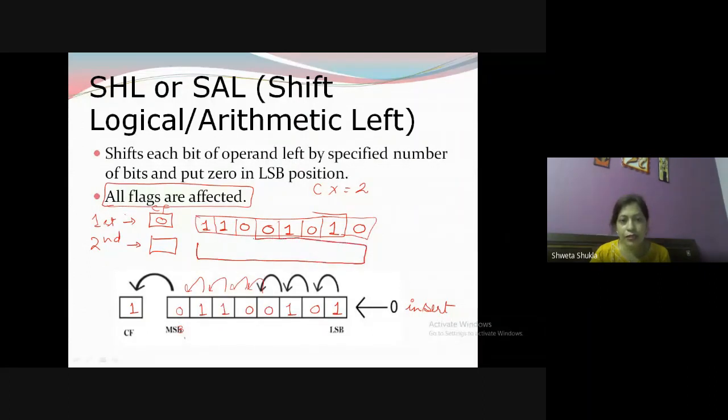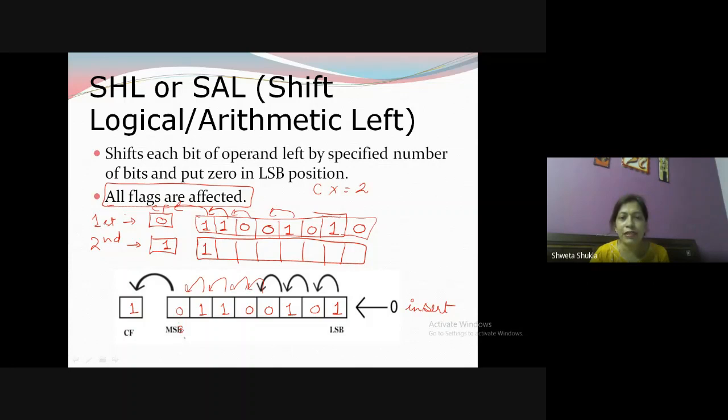Again, you are just doing it for the second time. So let's see. All the bits will be shifted towards the left side. Now if you shift this carry flag here, that means now the CF is 1 and the MSB will again become 1, because you will shift this bit towards this side, this bit towards this side.